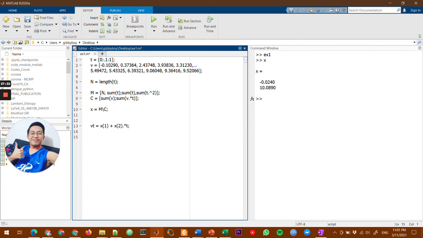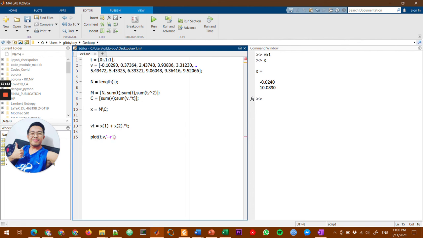And then we'll plot. So plot first is katong data T and the B, right? Katong data. And then we'll have this, let's say dash line sa tapos color red. And then the second graph is katong theoretical.